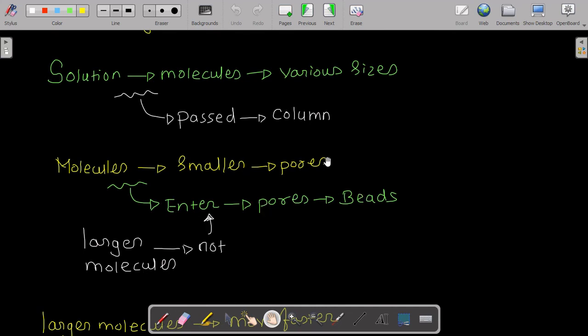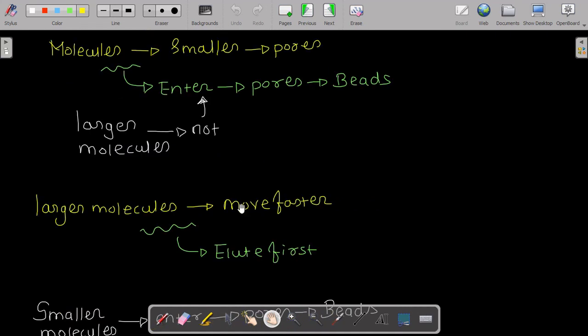You have a column, in that column you have beads, and those beads have pores. You pass a solution of molecules of various sizes through that column. The molecules smaller than the pores will enter the pores of the beads, and the larger molecules will not enter the pores.